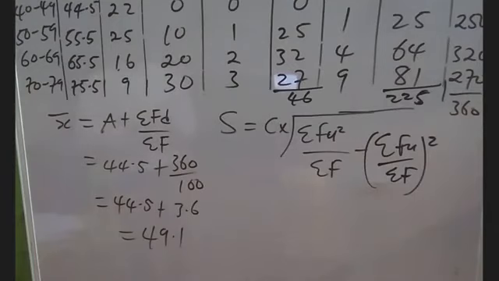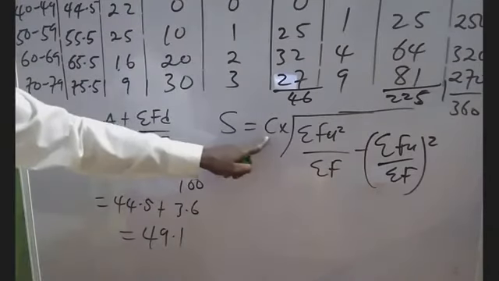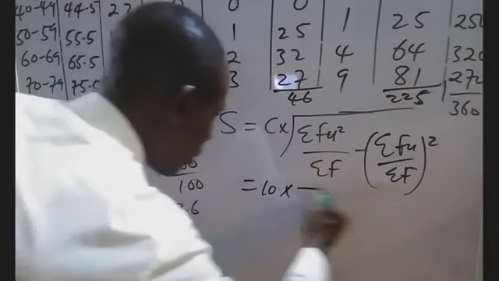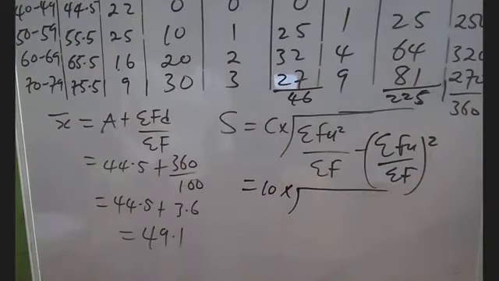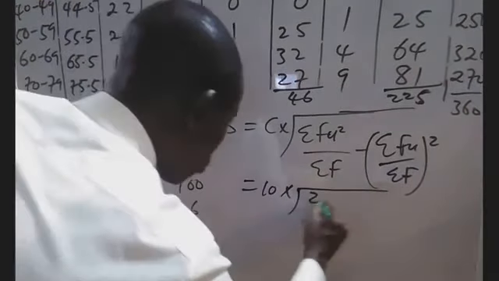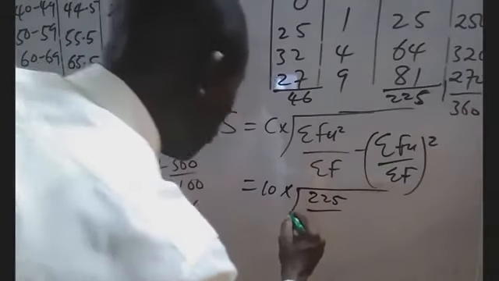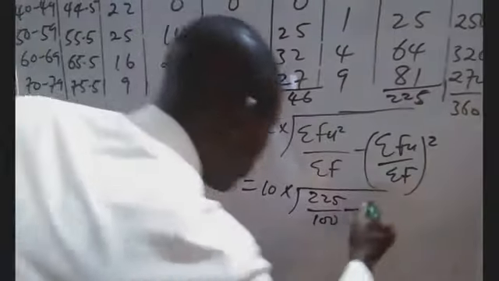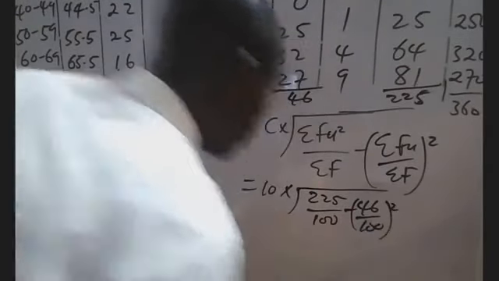So if we apply that into the formula, where is our C? I've said C is the class width. So this will be equal to 10 times the square root of 225 over 100 minus 46 over 100 all squared.